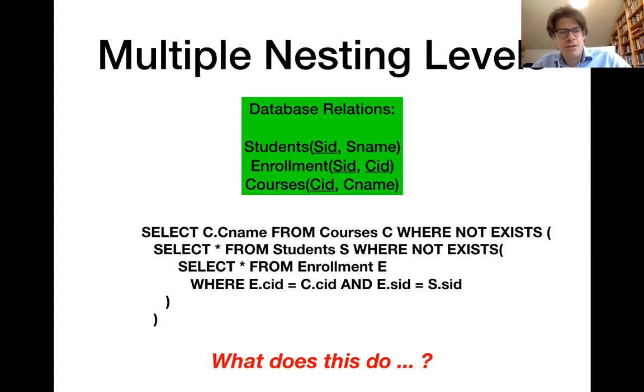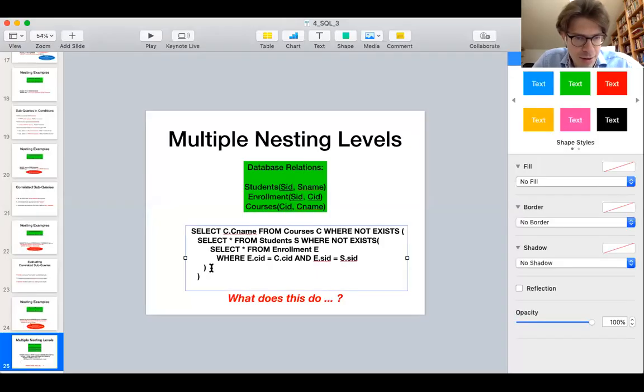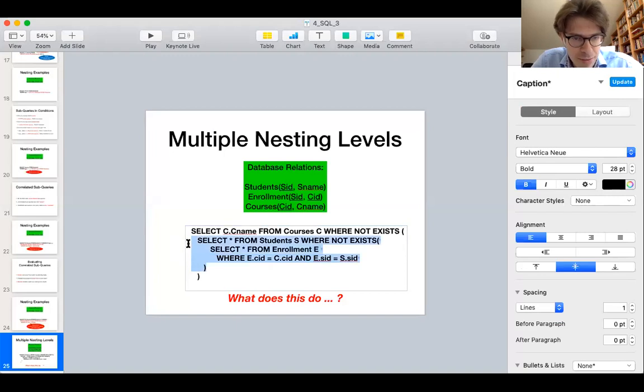Let me maybe mark that here. So this query essentially looks for students that are not enrolled in the currently selected course. And now I'm looking for courses where the result of this subquery is empty.